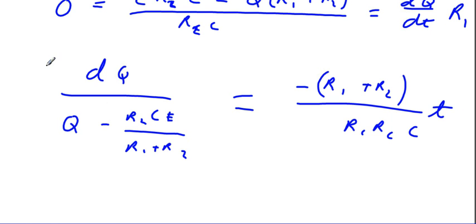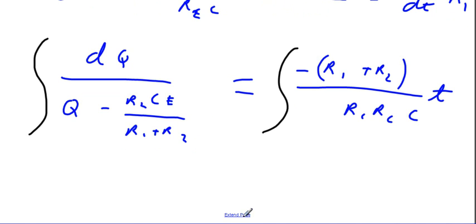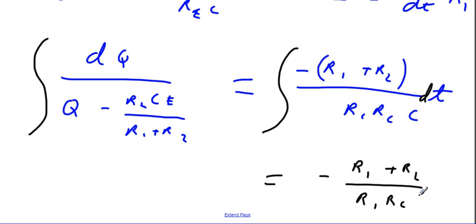So I'm going to integrate both sides, and on this side of the equation I'm going to have minus (R1 plus R2) over R1R2C times t.